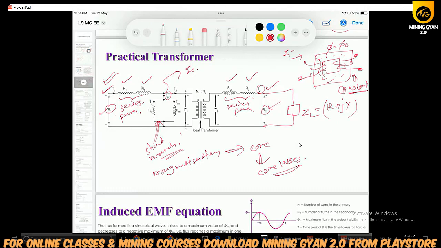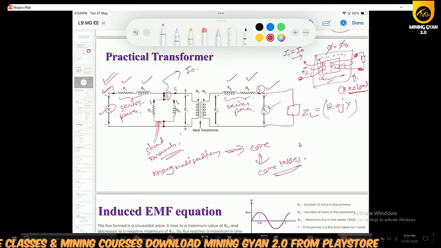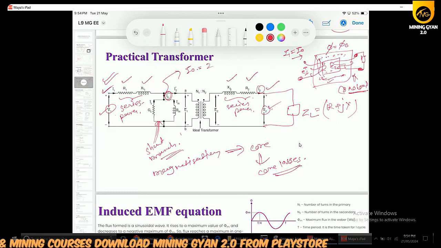So the current will be I0, such that there will be magnetization of the core and flux set up in it. After that you get the induced EMFs E1 and E2. Then you can connect your load. The no load current will be 2 to 5% of the full load current.